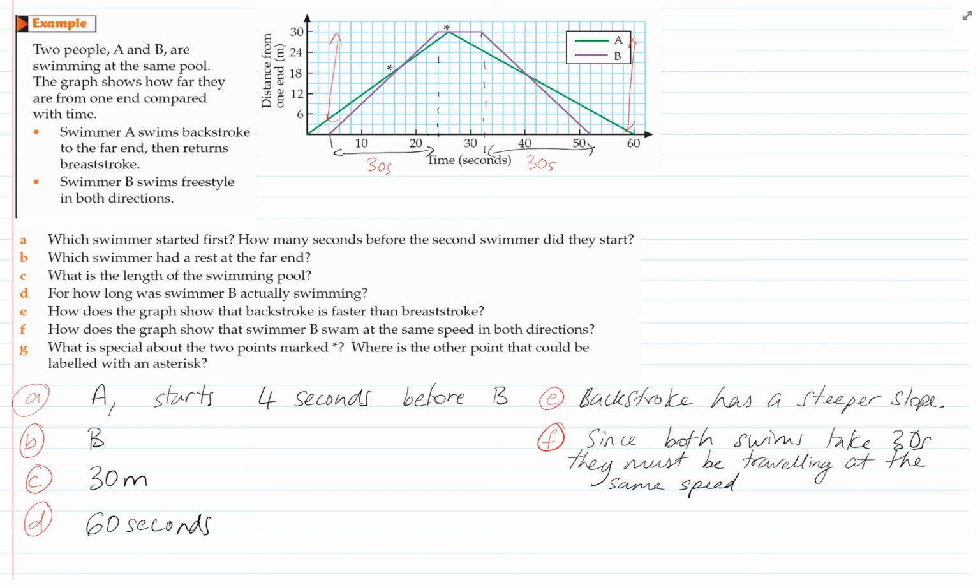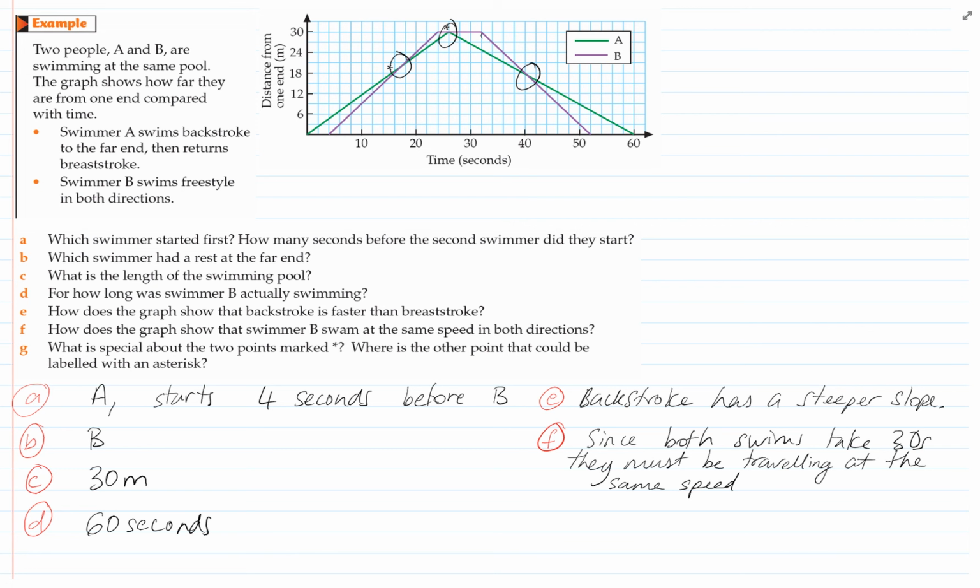What is special about the 2 points marked with asterisks? Where is the other point that could be labelled with an asterisk? Okay, so the interesting thing about where they've marked asterisks on this graph is it shows where these two graphs intersect. So the other place where they could cross is there.